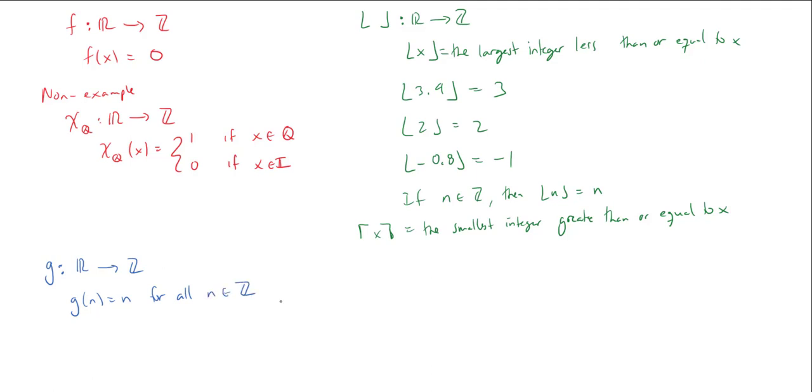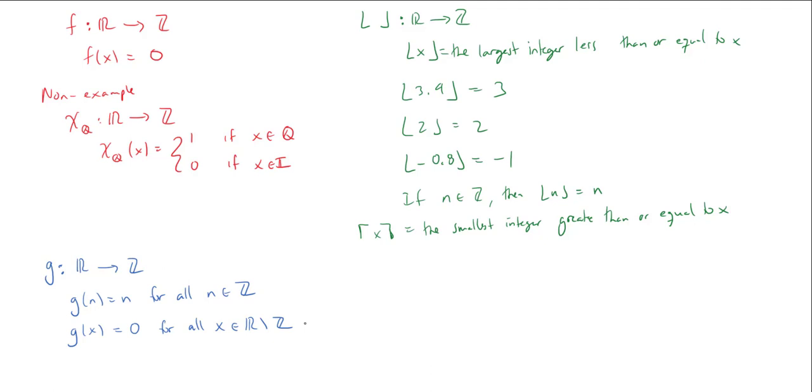As soon as I do that, I know that my range is at least going to be the integers. And then where do I send everything else? It doesn't matter. I can just send it anywhere I like. I'll just pick something easy: g of x equals 0 for all x in the real numbers not in the integers. So it sends the integers to themselves and it sends everything else to 0. And that would do it.